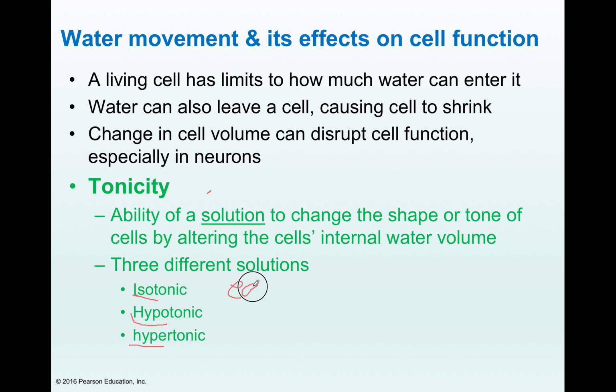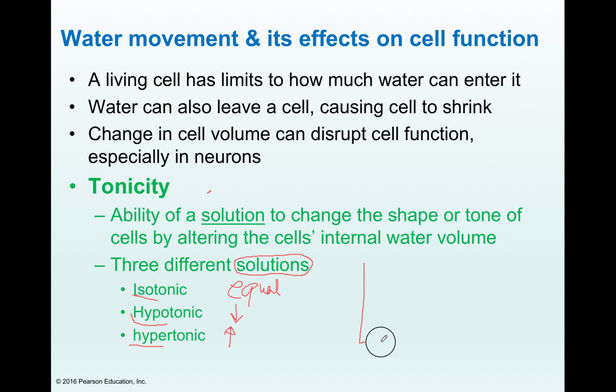Iso is described as equal, hypo means below, and hyper means above. The really key concept when we're talking about tonicity, and I really want to highlight this point, is that these three words, isotonic, hypotonic, and hypertonic, can only be used to describe solution, the environment the cell has been placed in.